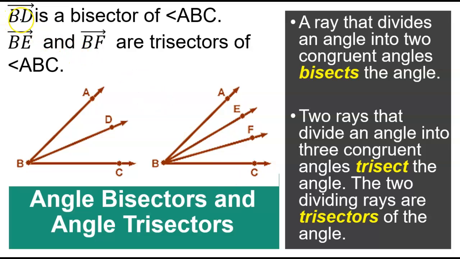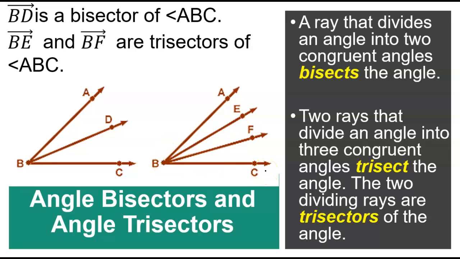Okay, here, ray BD is a bisector of angle. So with this segment now, we're going into angle. Ray BD is a bisector of angle ABC. And rays BE and BF are trisectors of angle ABC.